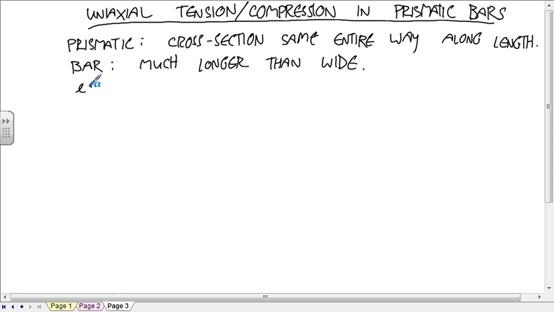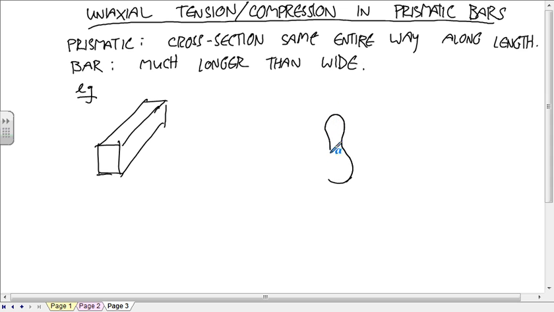So, for example, most often we'd have something that looks like this. But we could also deal with things that look like this, as long as the whole way down the cross section is the same.